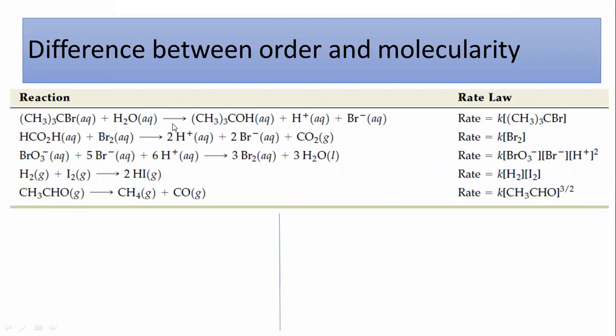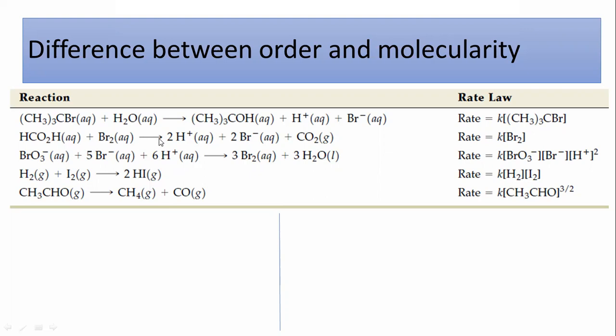Molecularity is the number of the reacting molecules in an elementary reaction. Suppose these are the elementary reactions, that means these are the only reactions for the reactant to convert into the product.